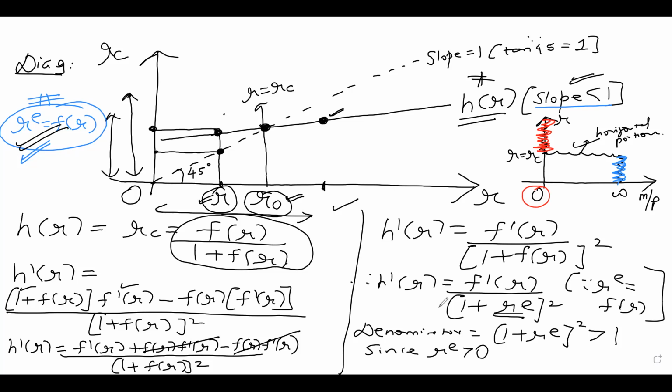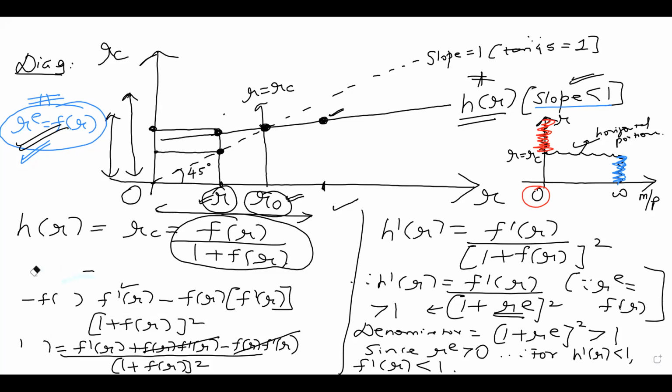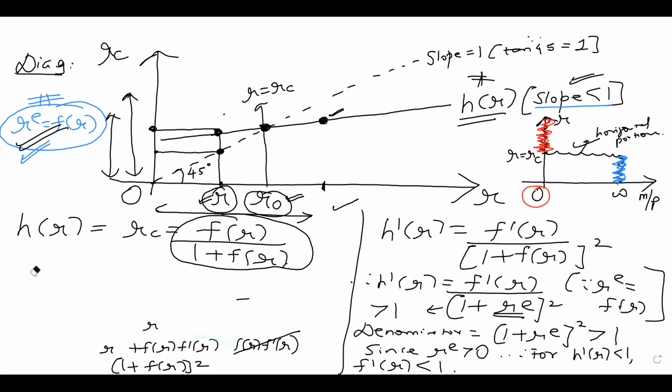So guys, if my denominator is greater than 1, for the whole term to be less than 1, because we want H dash R to be less than 1, therefore, for H dash R to be less than 1, my numerator should be less than 1. Let me explain this in a more proper way. Suppose I have numerator by denominator.